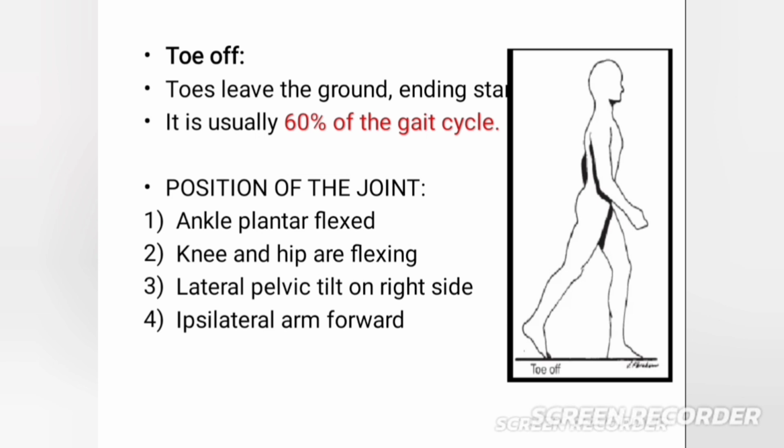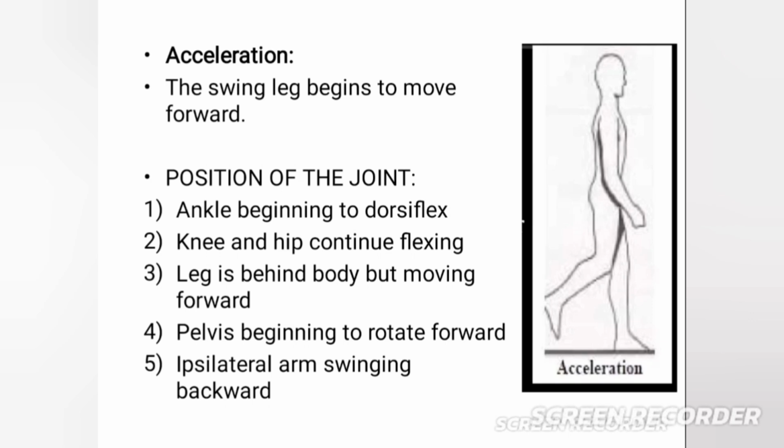So that is the toe off phase. So this is about the stance phase of the gait cycle in the traditional method. In that, we have covered the heel strike, foot flat, mid stance, heel off, and the toe off. So those are the subdivisions of the stance phase.